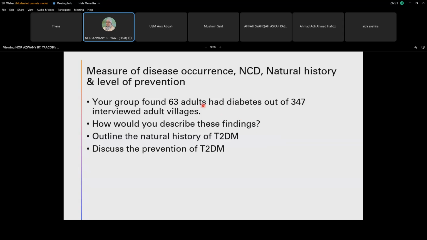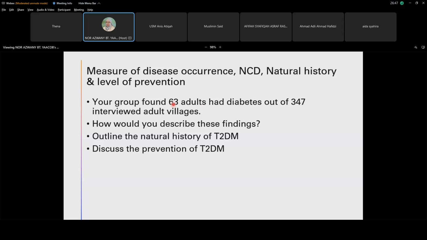Then we look into others in descriptive epidemiology, which is measure of disease occurrence, natural history, and level of prevention. Okay, so let's say you are given a scenario like this. How are you going to describe the finding? So 63 out of 347.